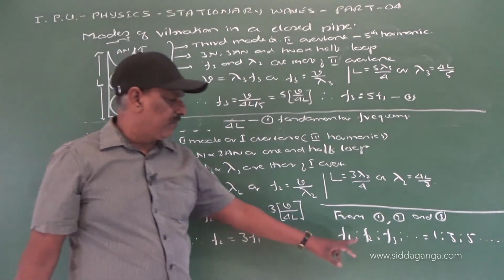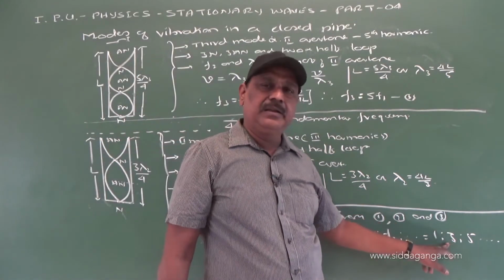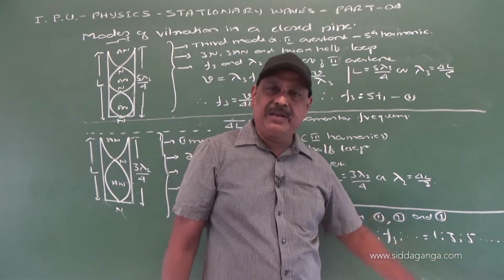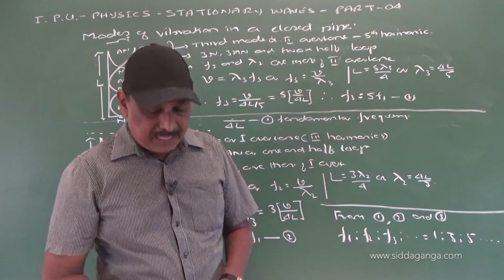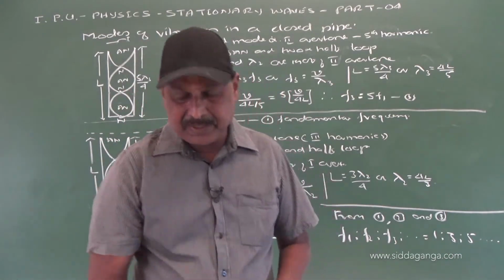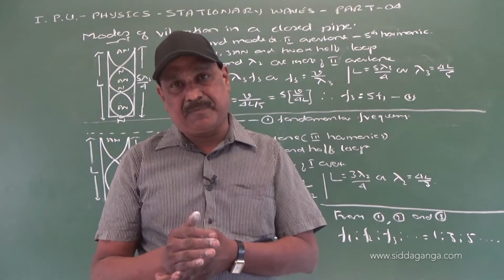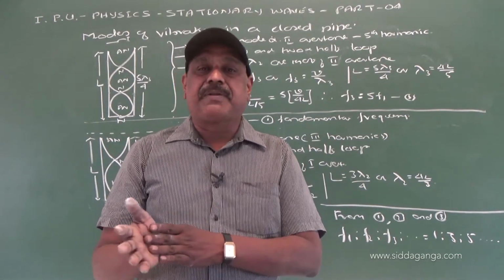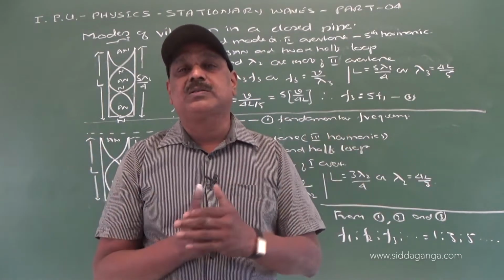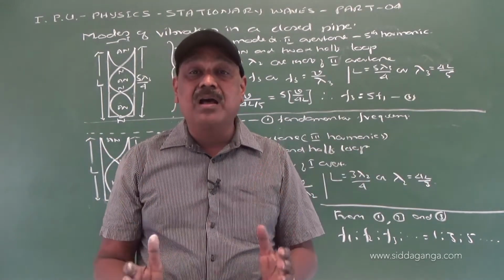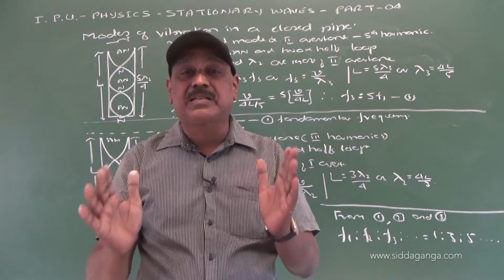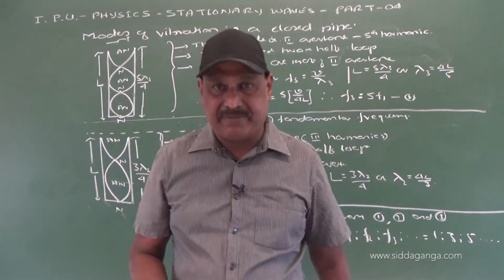That means F2 is equal to 3F1, F3 is equal to 5F1, etc. Therefore, in closed pipe, only odd harmonics are present. That means the frequencies of overtones of a closed pipe are odd harmonics of fundamental frequency.